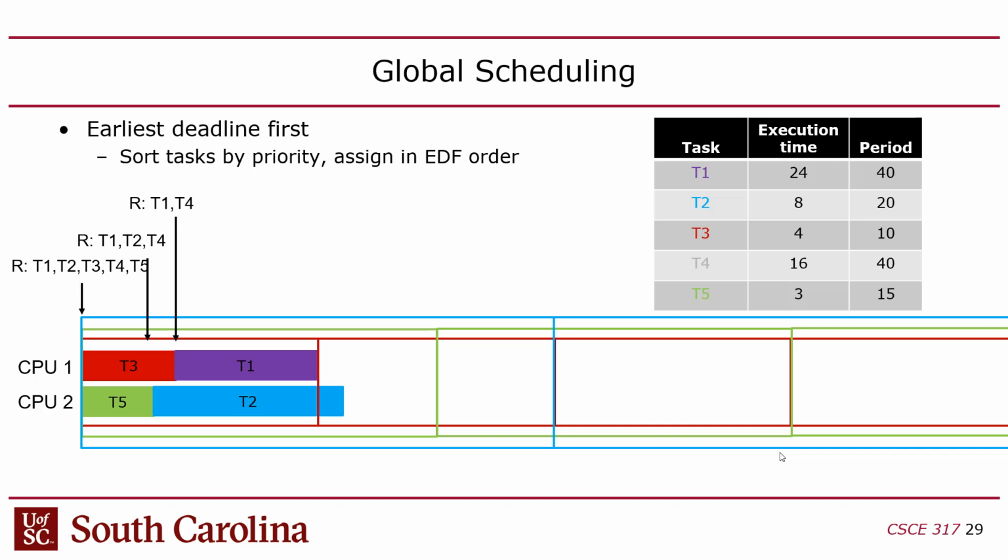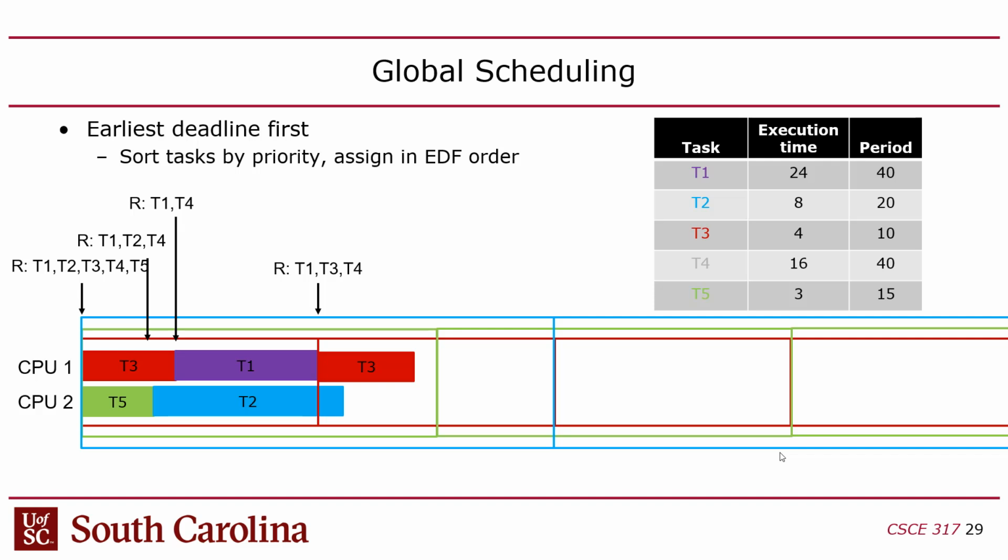Like I said, we could have preempted T2 and put T3 here. I don't know why I chose CPU 1, maybe because T1 has a lower priority than T2. If we're going to preempt one of these, we should preempt T1, so we'll preempt T1 and put T3 back on there and run it to completion.